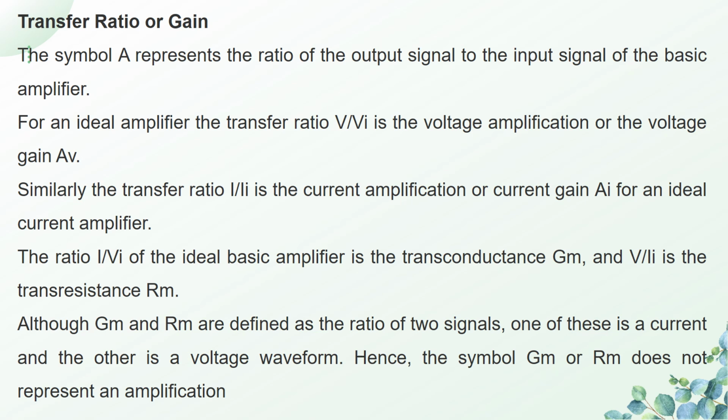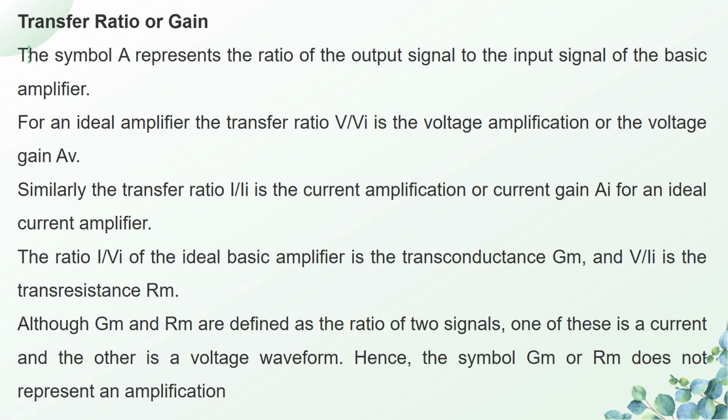Next, let's see what is the transfer ratio or gain of the amplifier. At the center block we have the transfer gain A of the amplifier, which represents the ratio of output signal to input signal. For an ideal amplifier, there are four types of gains available: voltage gain, current gain, transresistance and transconductance.